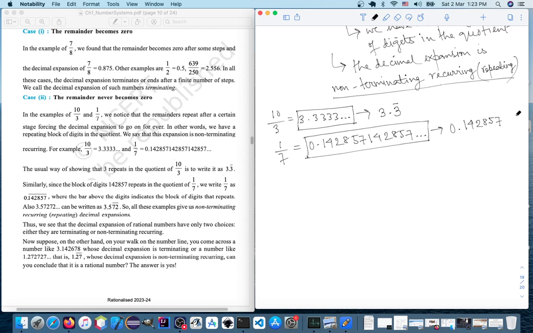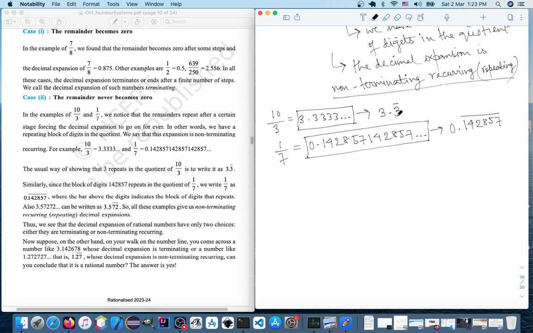This is the repeating block of digits, which repeats again and again. So we put a bar above all the digits. Okay. So this is the way we denote a non-terminating recurring decimal expansion.